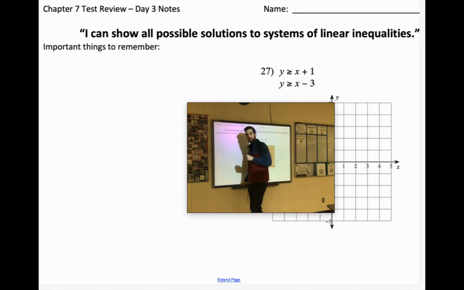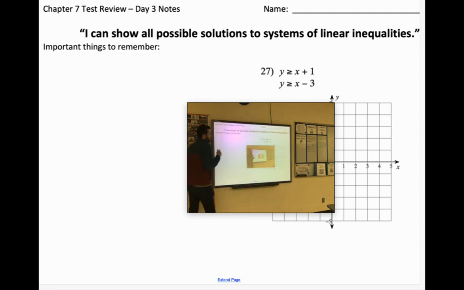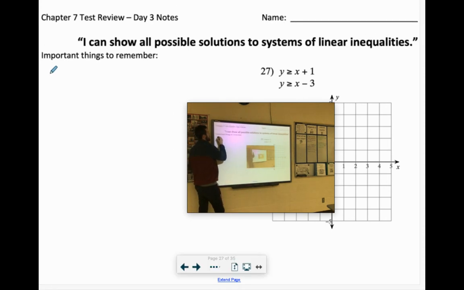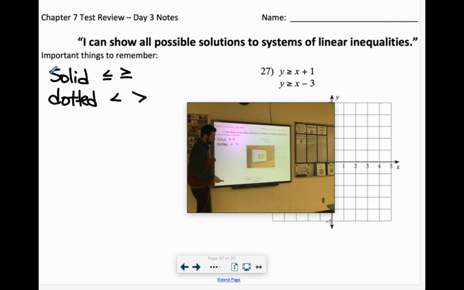So there were important things to remember, like solid and dashed lines. Solid was if it was the or equal to's. The dotted or dashed line was just if it's less than or greater than.